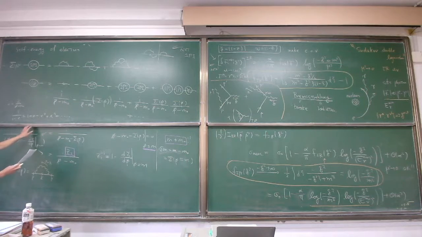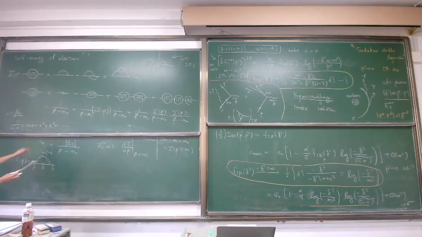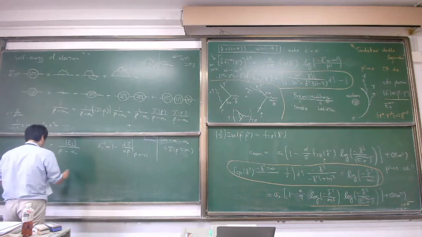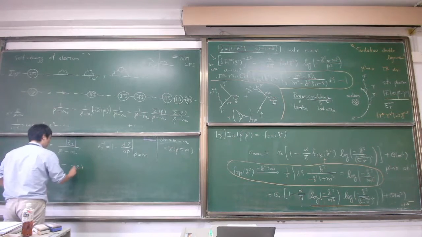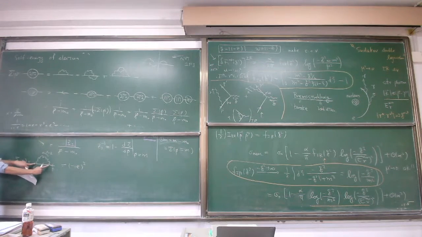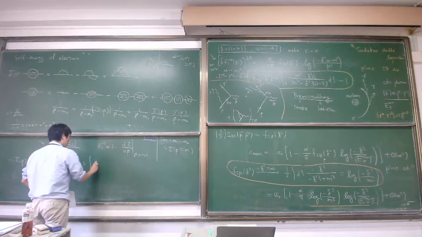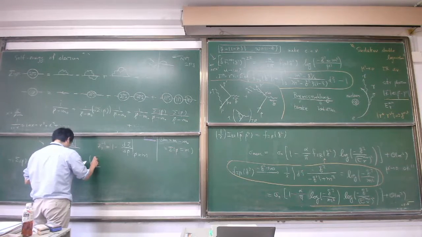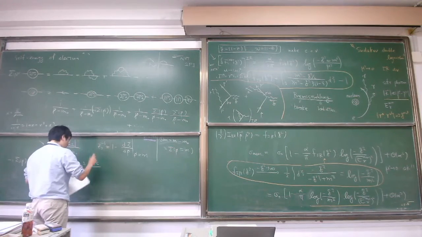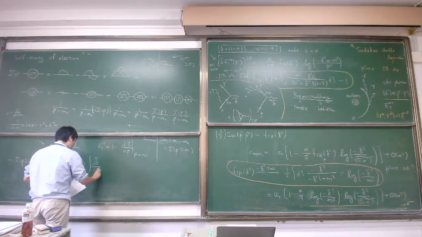Okay. So now we just apply the Feynman rules. Here minus i e squared comes from this two-point function, and then there's a momentum integral over k. Sorry, I think there's a typo in the lecture note.